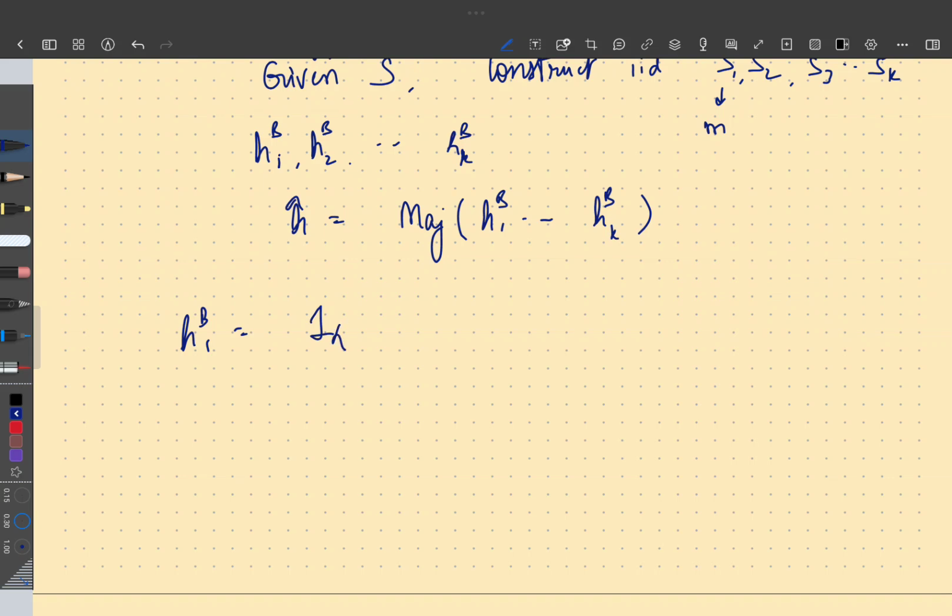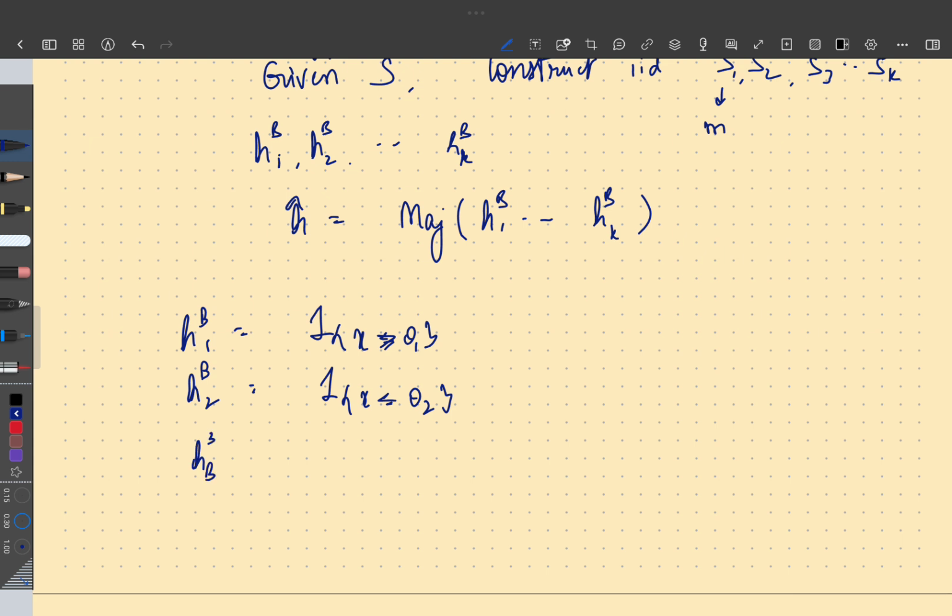Let's look at H1b, which is the indicator of x greater than or equal to theta 1. H2b is the indicator of x greater than or equal to theta 2. Maybe let me write it as the indicator of x less than or equal to theta 2.